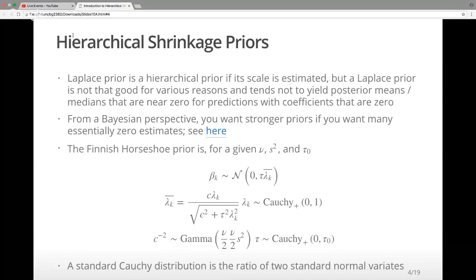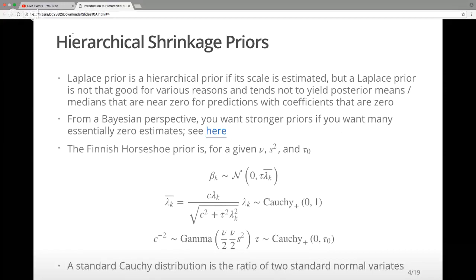And a Finnish horseshoe prior for a particular regression coefficient has this hierarchical specification. So the kth beta coefficient has a normal prior with the expectation of zero and a standard deviation of tau times lambda bar k. And now we need, okay, what are our prior beliefs about tau and lambda bar k?